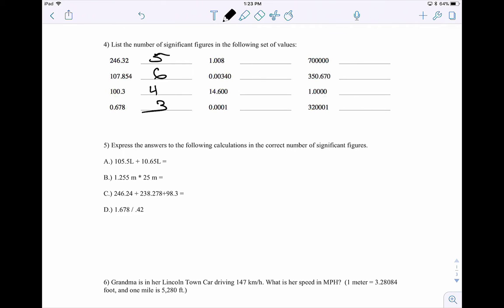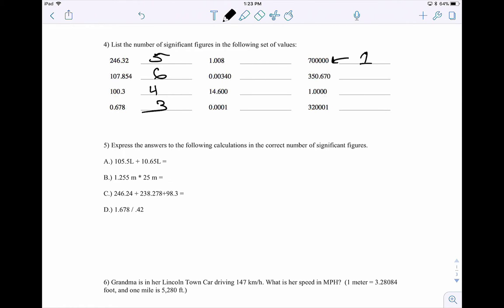Let's look at the very top here. You have this big number. The decimal is absent. So you start counting your significant figures beginning on the Atlantic side, and you start at the very first non-zero digit. So in this case, you have 1 significant figure.